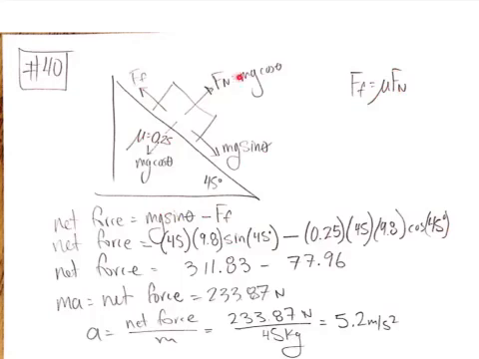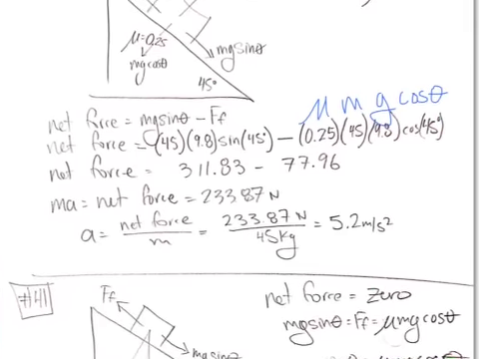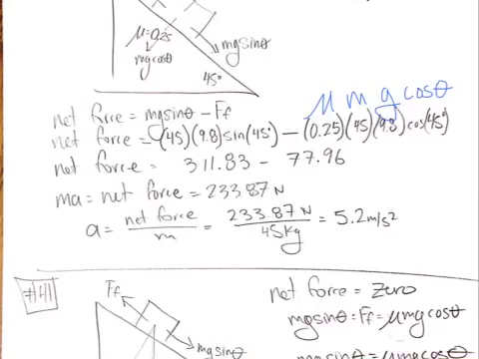This is where we're getting the mu mg cos theta. Am I repeating myself? Yes, I am. And solving, net force equals ma. Acceleration, we divide the net force by the mass to get 5.2 meters per second squared.